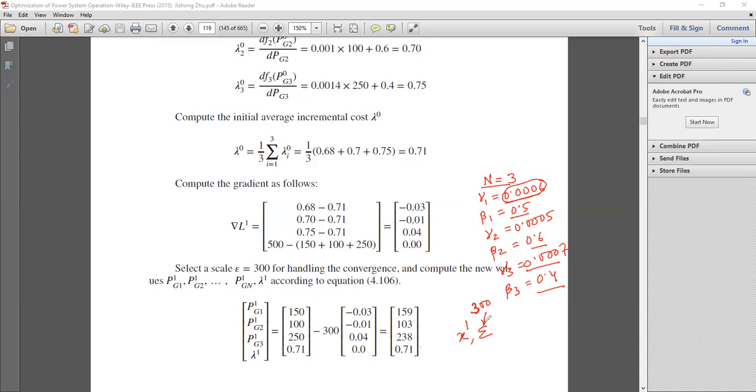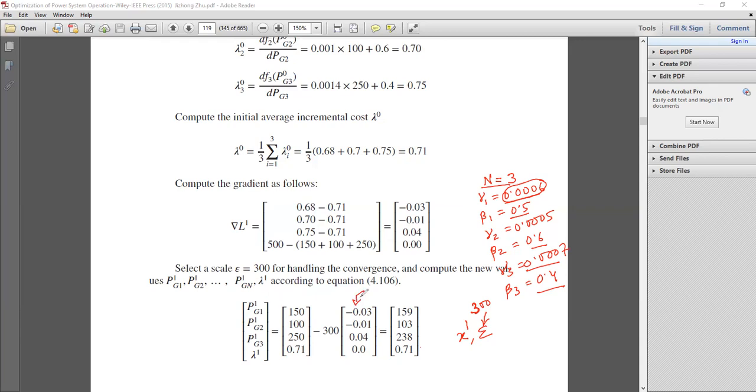We don't have to think about changing or updating it throughout the iteration. A fixed value is okay because the gradient itself is changing along with the iteration. So the multiplied value, epsilon multiplied by del L, itself is changing, and we don't have to bother about the fixed value.